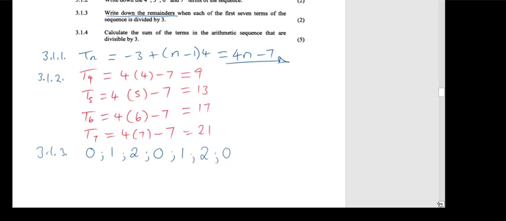Now 3.1.4: let us calculate the sum of the terms in the arithmetic sequence that are divisible by 3. Now ukuze sikwazi ukuthola isum yala, kumele sazi kokuqala ukuthi mangaki ama-term that are divisible by 3.